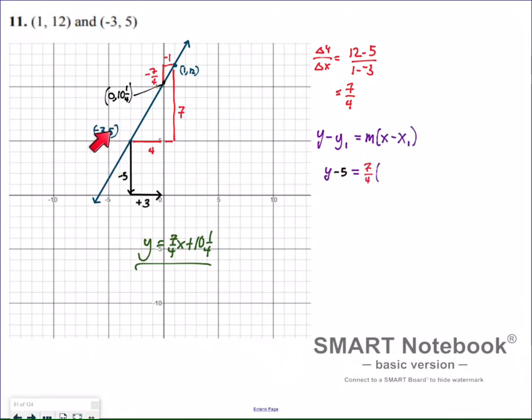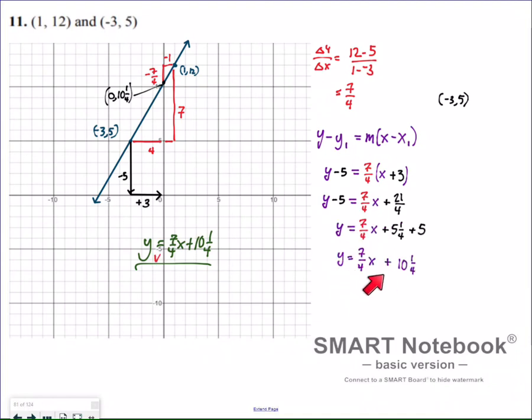We're going to drop the point down 5, and over 3, so that's y minus 5 equals 7/4 times x plus 3. Notice again, the point (-3, 5) appears in this equation as -5 and a +3, so everything's opposite. Doing my basic algebra, I end up with y equals 7/4 x plus 10.25, just as I expected.